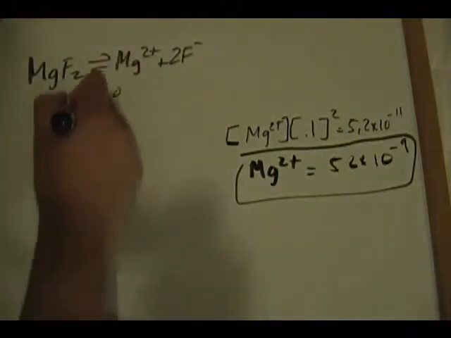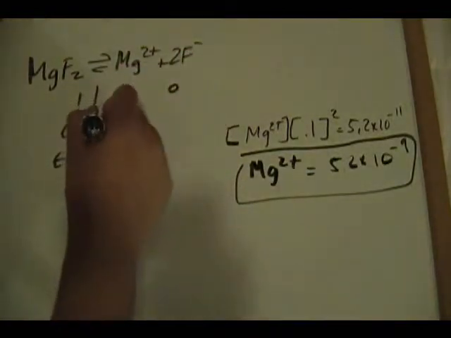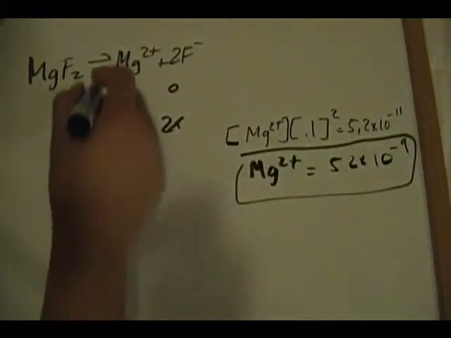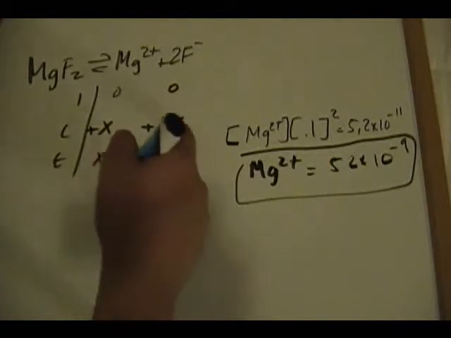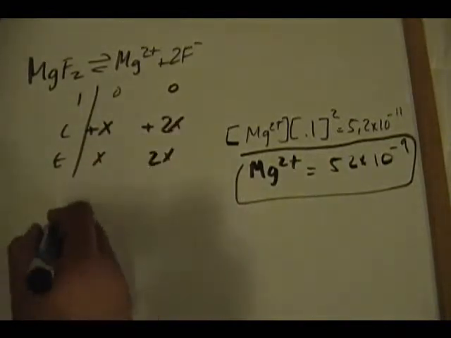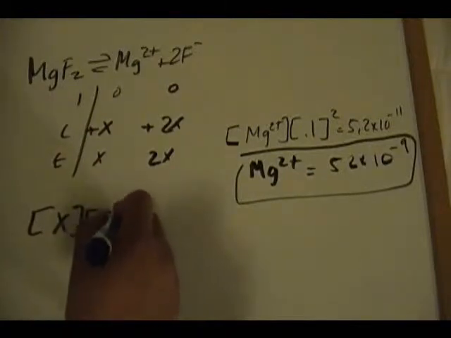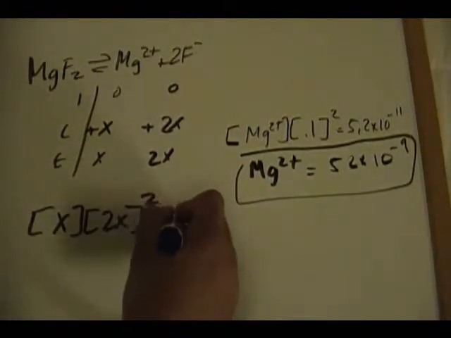And when we did our ICE table, we had 0, x, 2x. The equilibrium is initial plus change, so it'll be x, and it'll be 2x. Then we plugged into our expression x times 2x squared is equal to the KSP value.